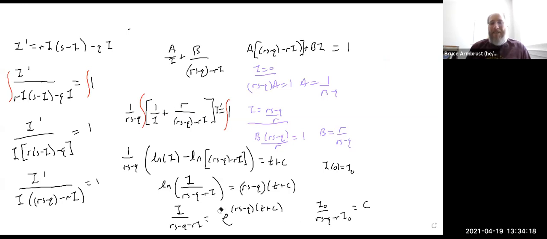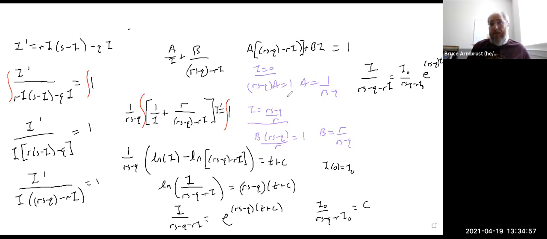Okay, but that C is actually a multiplier on this. So once we get there, we have I over (RS minus Q minus RI) equals I naught over (RS minus Q minus RI naught) times e to the (RS minus Q) times T. Which we then could solve for I and do our thing, right?